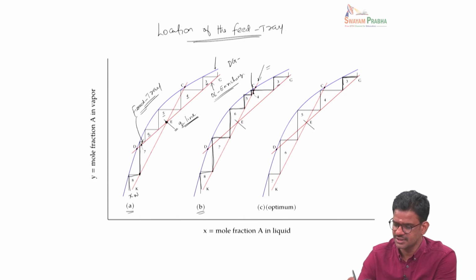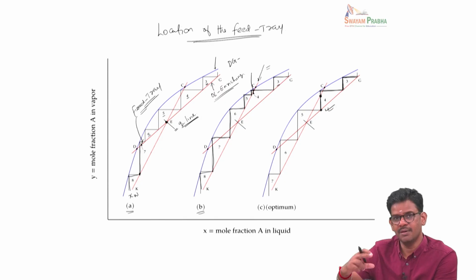So this is third tray, and then when we come to fourth, here we have a choice. We can either stop here and then we make a transition to the exhausting line, or we can continue to go all the way to the enriching line.